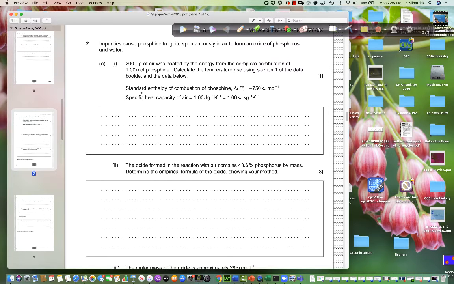So it gives us the standard enthalpy of combustion. When you burn the 1 mole of phosphine, it releases 750 kilojoules. It gives us the specific heat capacity of air. We're looking at specific heat capacity, we're talking about a temperature change, so we're going to be using Q = mcΔT.